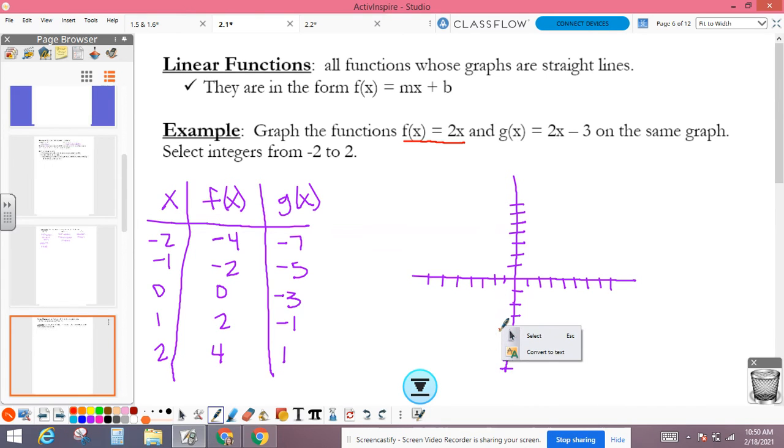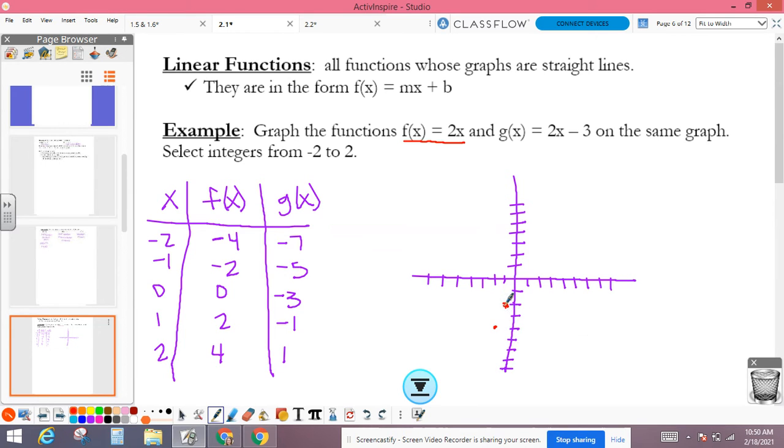We have a point at -2, -4. Okay, -1, -2.